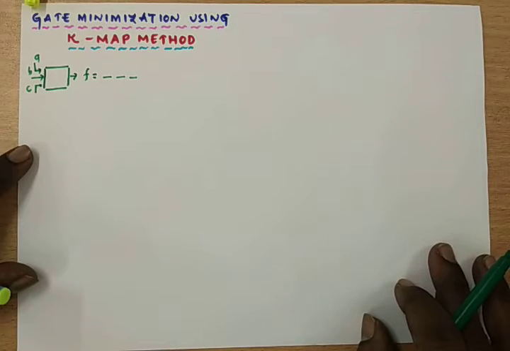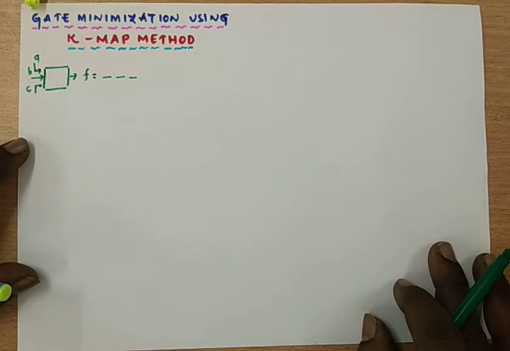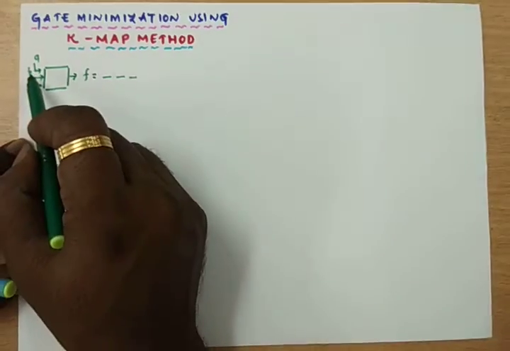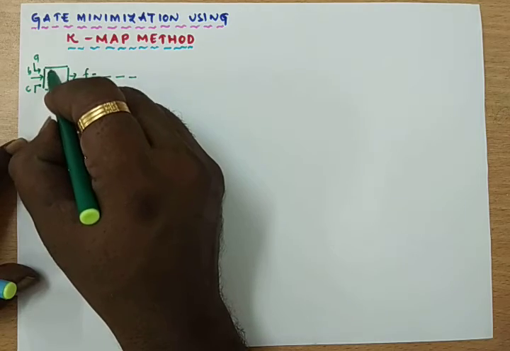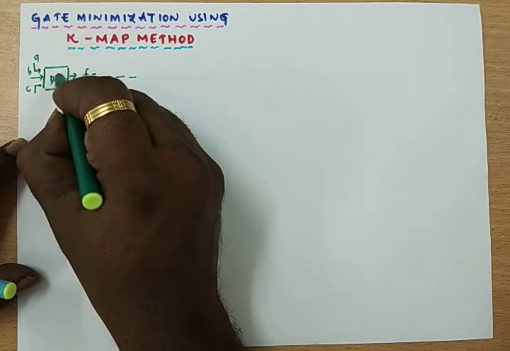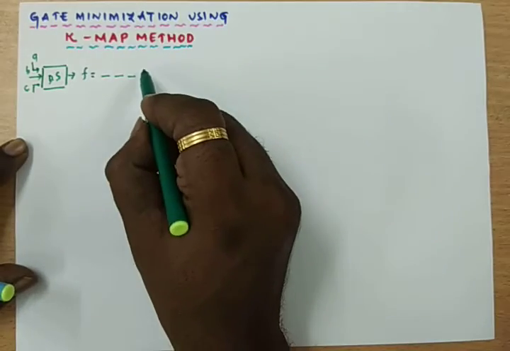In the previous class, I explained any digital system can provide one of the possible outputs, such as sum of product as well as product of sum. So due to these three inputs to the digital system, I got the output F.